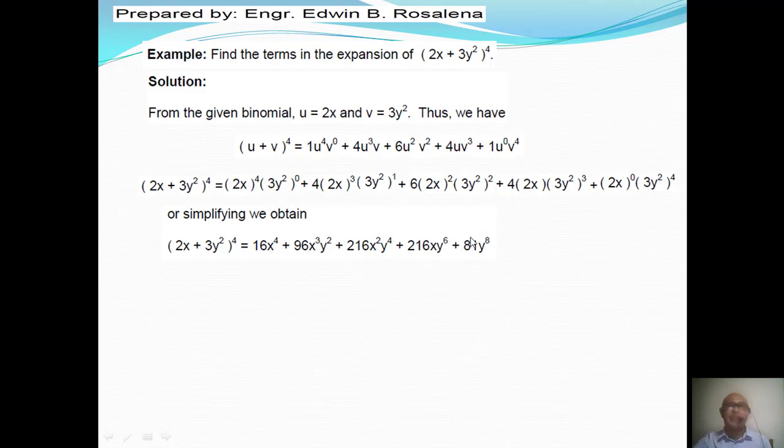This is your answer. But is it possible for us to answer such a question without expanding and exposing all the terms? That is what we need to do, a shortcut. So, if we are given an expansion and asked for a specific term, how do we answer without exposing all the terms? Because the computation is long if we do it this way.